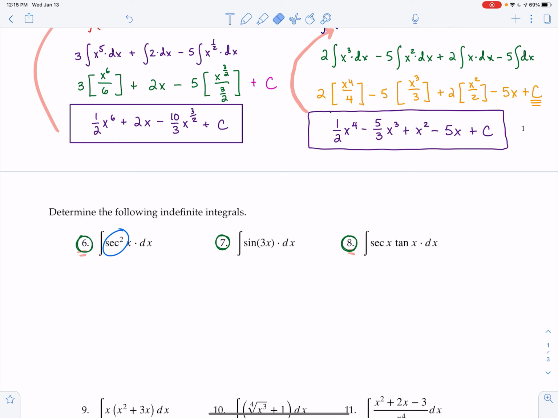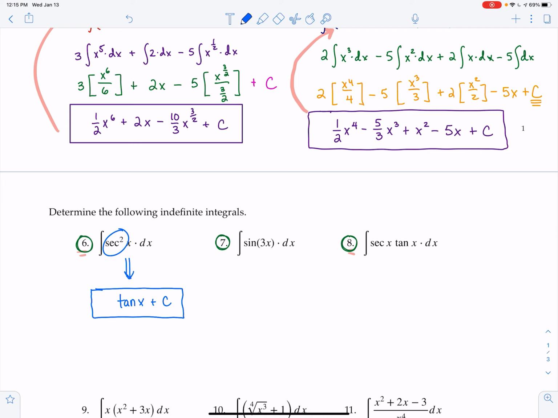So by inspection, just by looking at this, if you remember that when I took the derivative of tangent, I got secant squared, it is very simple to immediately jump here and say, okay, if I go backwards, since secant squared is the derivative of tangent, the antiderivative of secant squared is tangent.